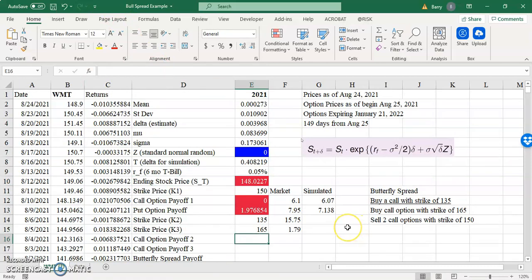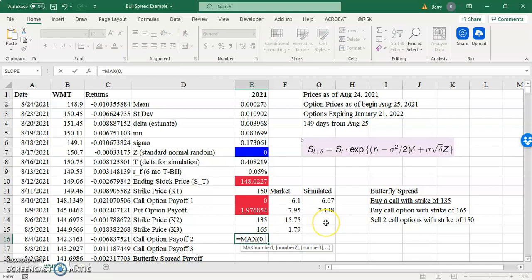Okay, so the call option payoff 2 will be the max of 0 or the ending stock price minus the strike price. And then we'll apply the discount factor, which is the exponential function of negative t, the time to expiration, and the risk-free rate.